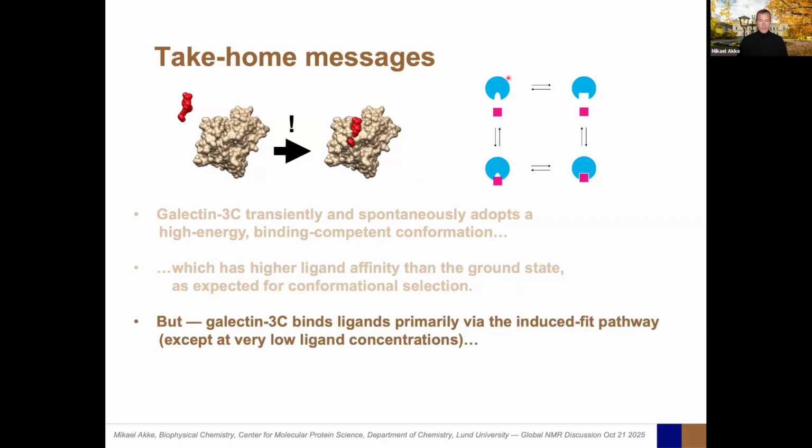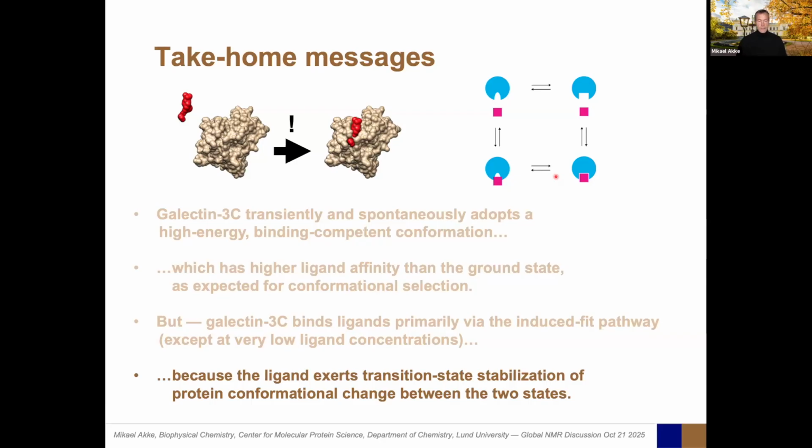But it turns out that galectin binds ligands primarily via this induced fit pathway, except at very, very low ligand concentrations. And the reason for this is that the ligand exerts transition state stabilization of the protein conformational change between these two states.